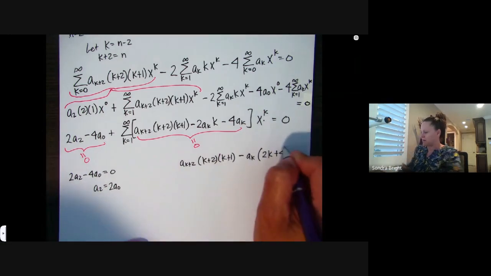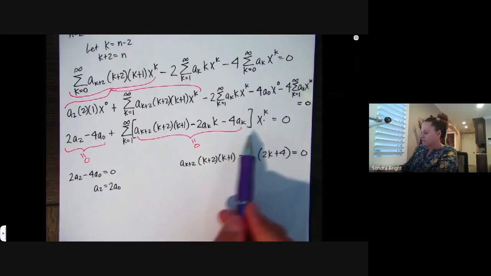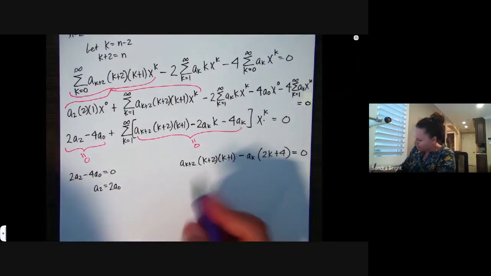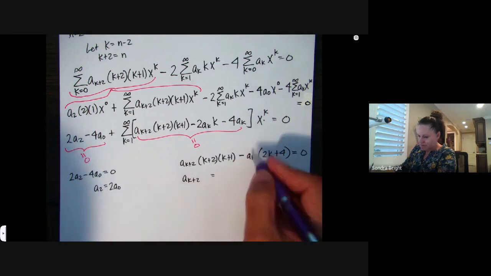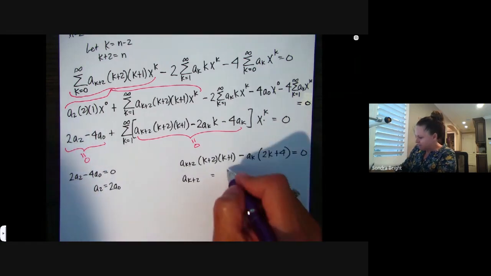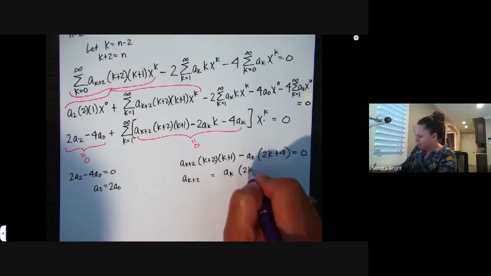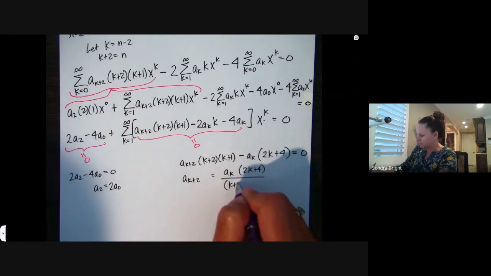And that must equal 0. Hopefully that makes sense. Solving for a sub k plus 2, I would add that guy over. So I would add it over, and I would have a sub k times 2k plus 4, and then divided by k plus 2 and k plus 1.